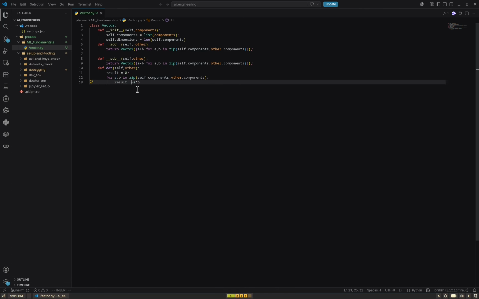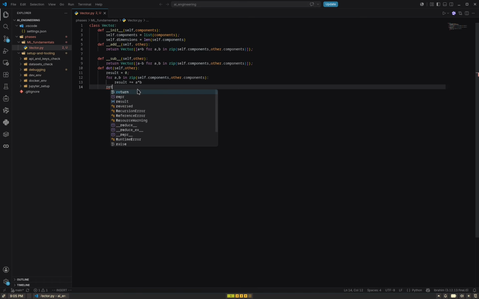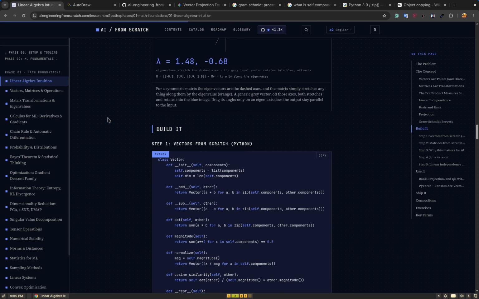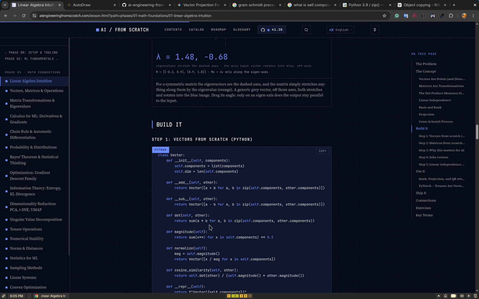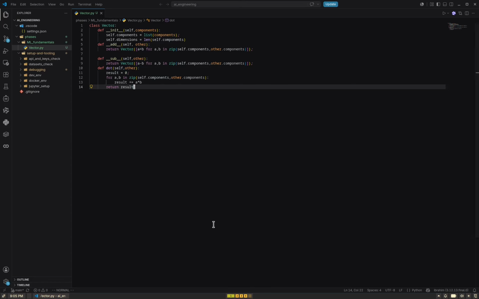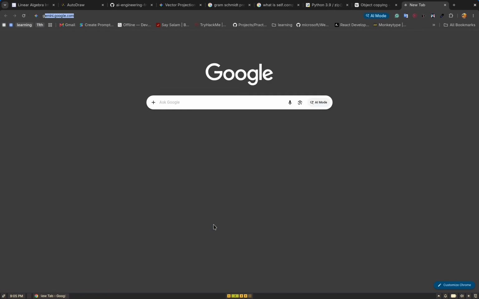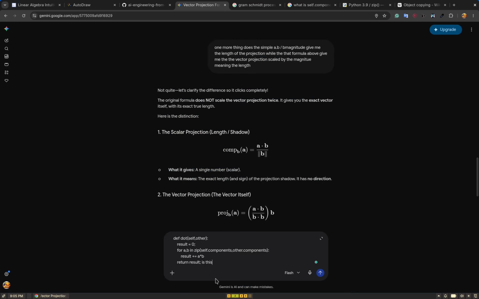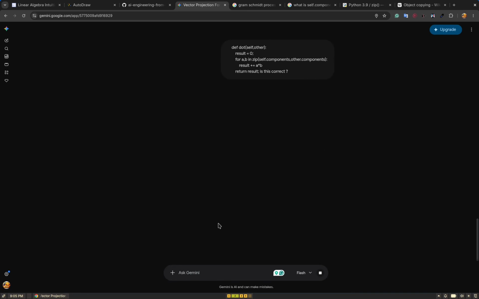Result is equal to result plus A times B, continuously, and in the end I return the result. I could do that. Is that correct? I want to just confirm it for a second to gain some confirmation. Is this correct or is there a mistake in this?